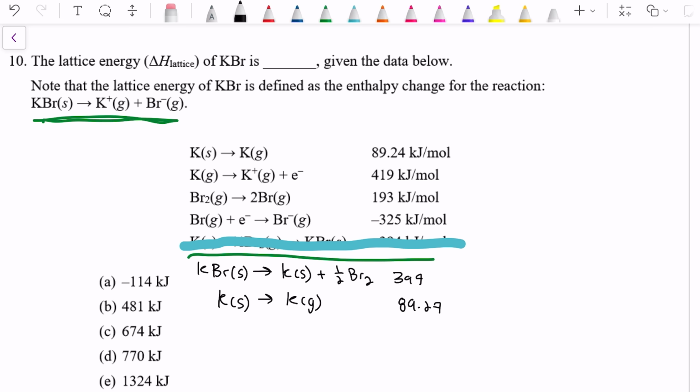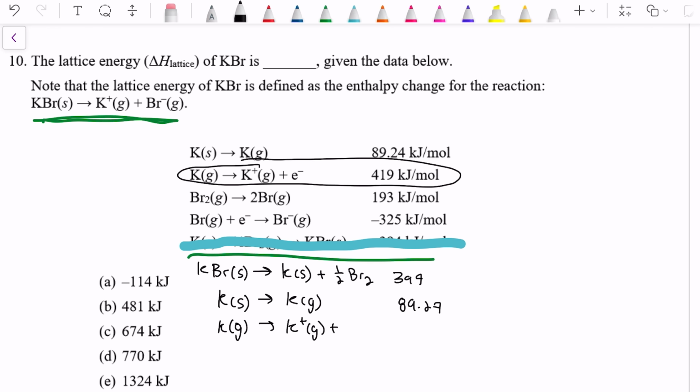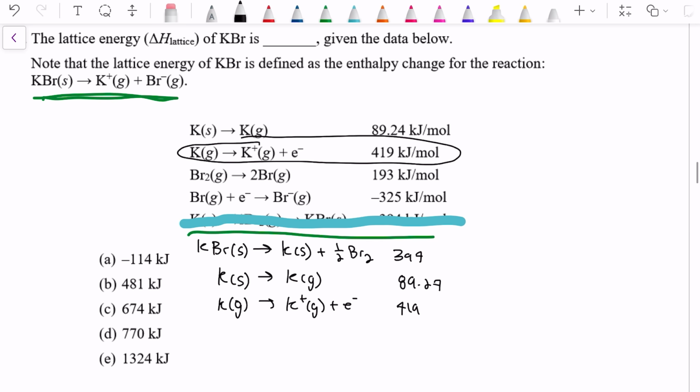Okay, now we have gaseous potassium. Let's add this one now so we get the ion version. Parentheses are important. Okay, potassium positive ion plus an electron, and that's 419. Okay, potassium looks good now.